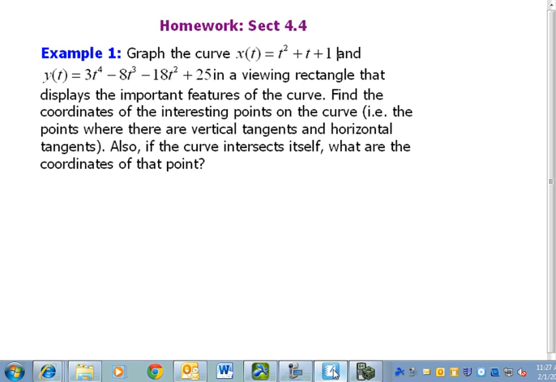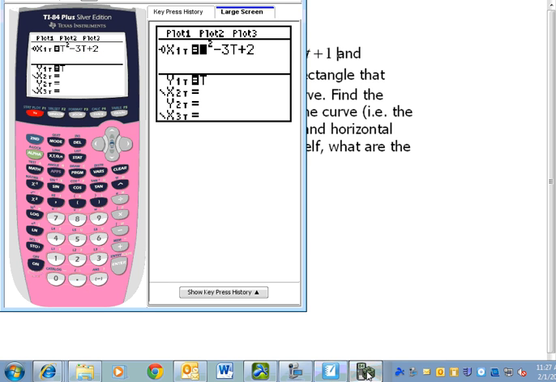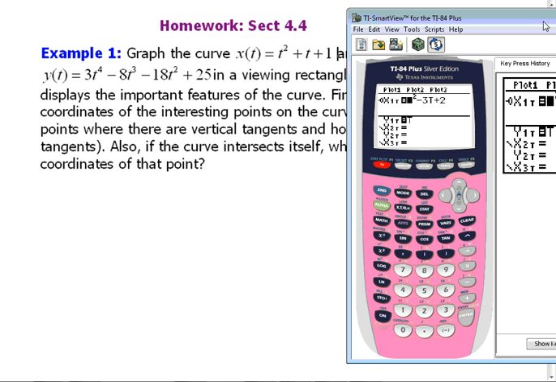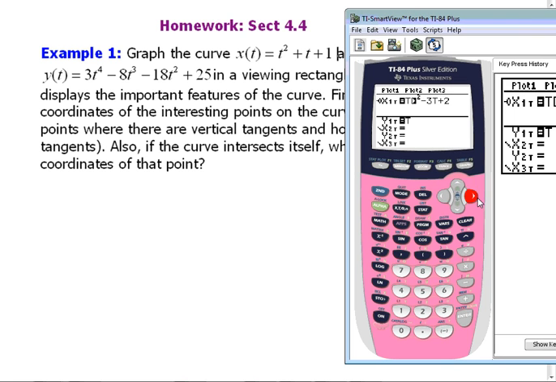There's our function. Now I'll bring my calculator back up so we can move this around. It's t squared, x is t squared plus t plus 1. So clear it out.